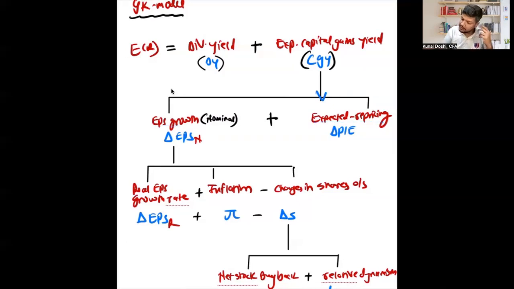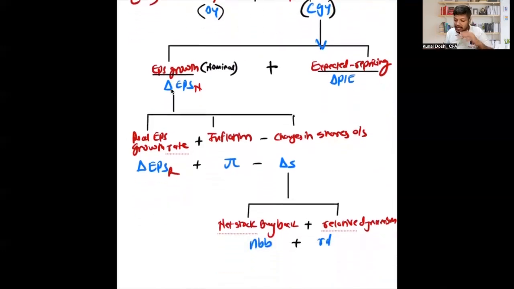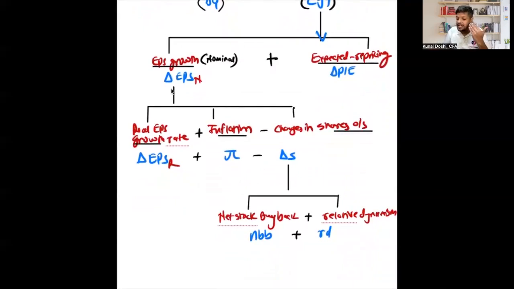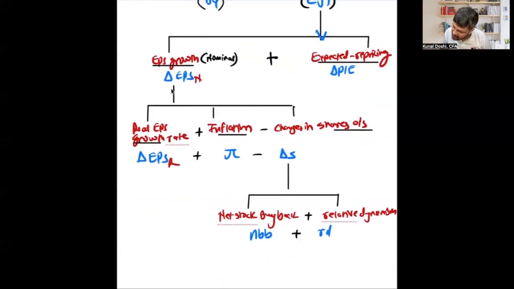But EPS growth rate is nominal, that is change in EPS. So we break down into real growth rate plus inflation and changes in shares outstanding, which we will discuss in a moment. What is change in S? Change in S is further decomposed into net stock buyback plus the relative dynamism.